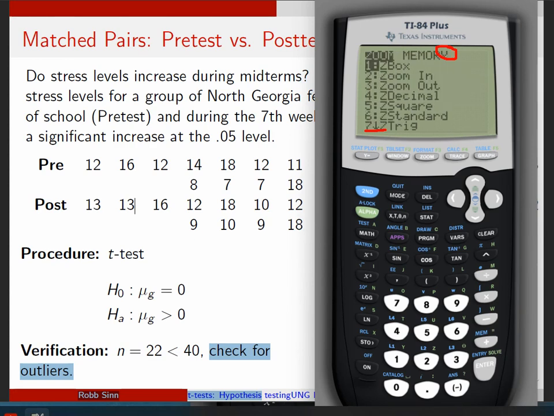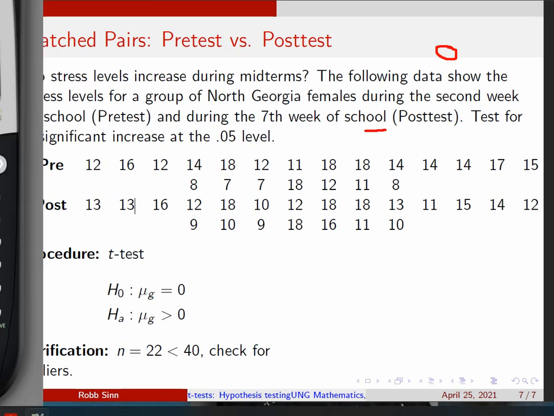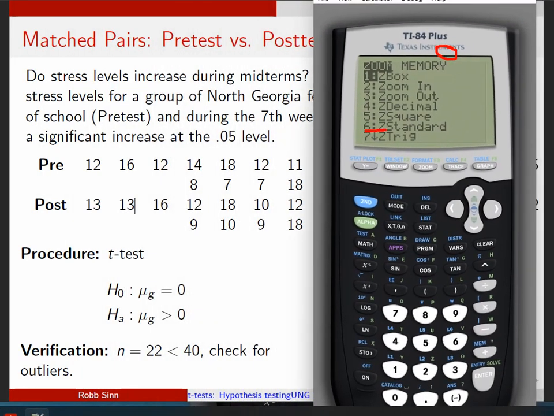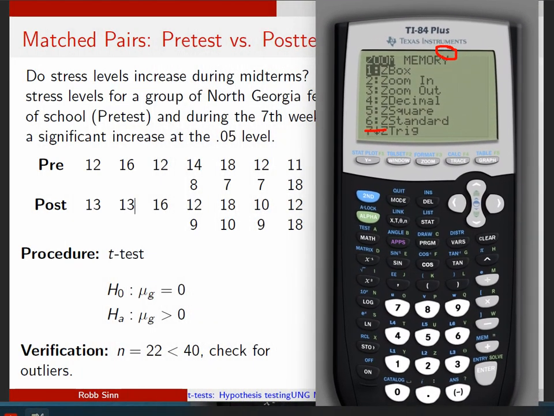Why? Well, oops, I just messed up. Let me try to get this back. If I go to zoom, zoom 9, you see zoom stat. What it does is it zooms in on whatever stat plots are active. And this is going to let me know whether or not there are actually any outliers.